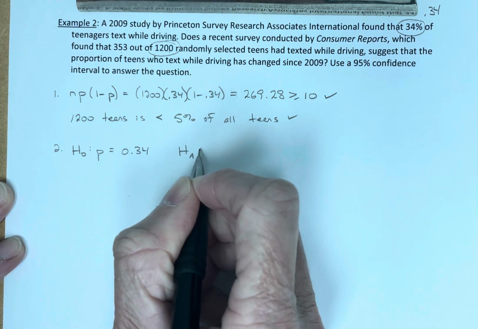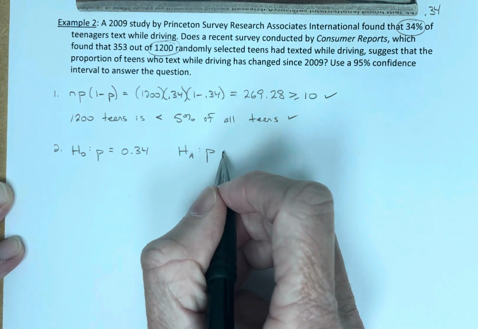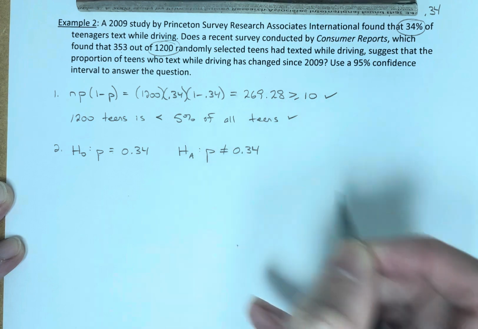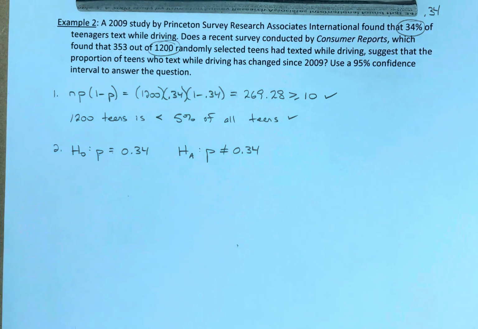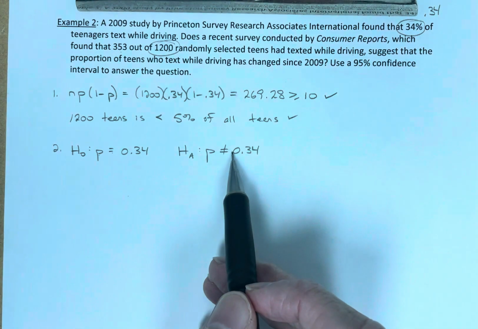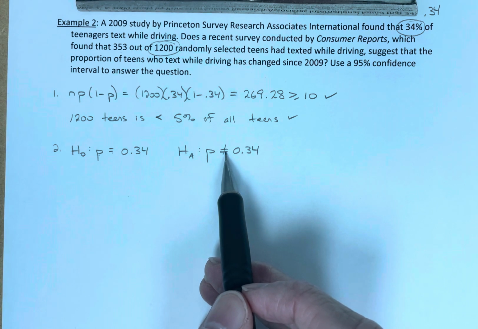Our alternative, this one has changed, so that means it's different than. So we'll use the not equals to symbol. Has changed can be greater than or less than, so it's simply not equal to. Notice we have to have a not equal to alternative if we're going to use the confidence interval test.